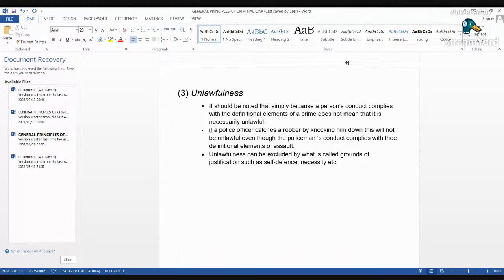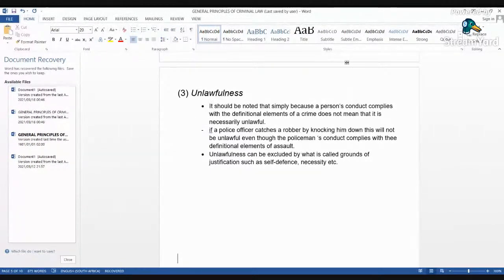What we're saying is that unlawfulness can be excluded by what we call grounds of justification. A ground of justification means that there simply is a legal, sound reason why a person acted that way, and because of that reason, this person's act will not amount to being illegal.